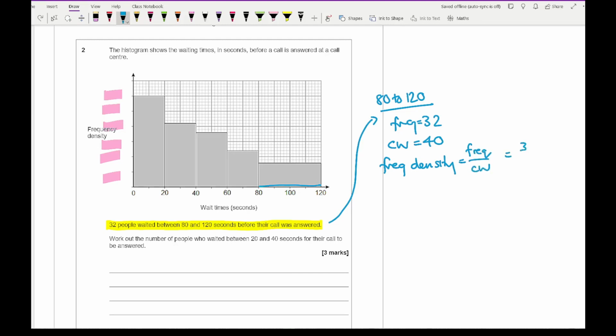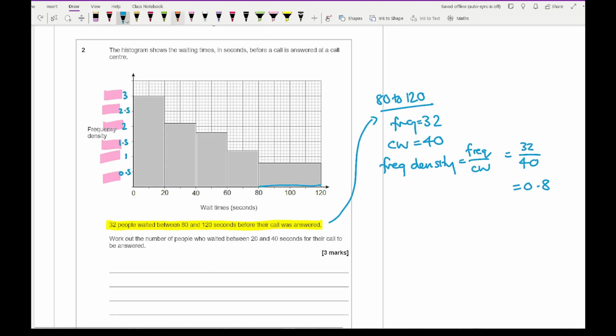So that's going to be 32 divided by 40, which gives me an answer of 0.8. So that means that this last bar goes up to 0.8. So that means that the scale is going up in 0.5.